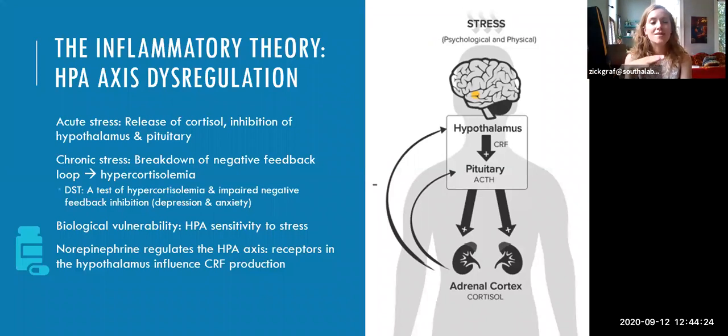So when serotonin isn't properly regulating the function of norepinephrine, one thing that can happen is that there's imbalanced norepinephrine signaling in the hypothalamus, and that leads to the HPA axis being more sensitive and more reactive to stress. So just like the chronobiology theory isn't independent of the monoamine hypothesis, neither is the inflammatory theory. Norepinephrine is one of the 3 monoamines, and norepinephrine regulates the HPA axis.